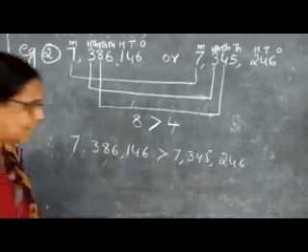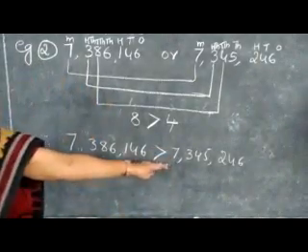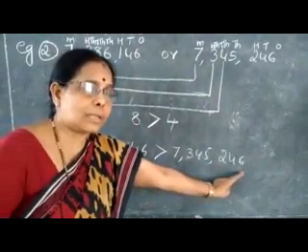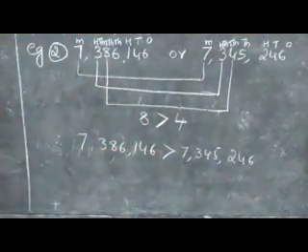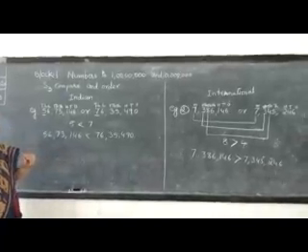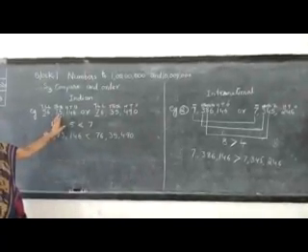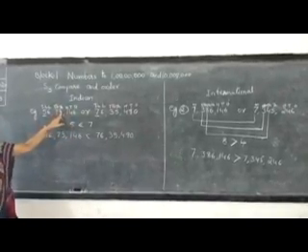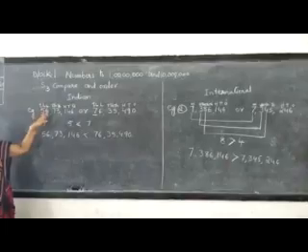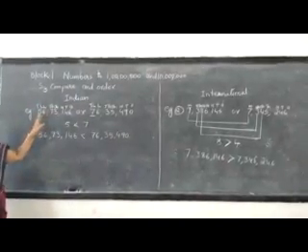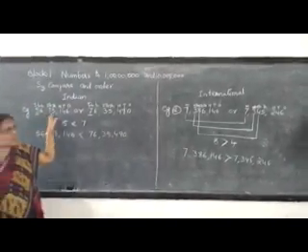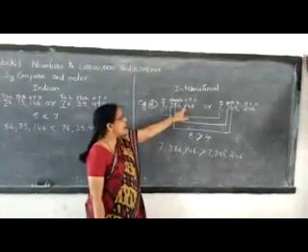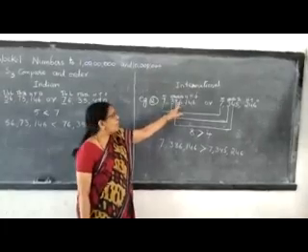Once again I am reminding you, children, in the international system: ones, tens, hundreds, thousand, 10,000.